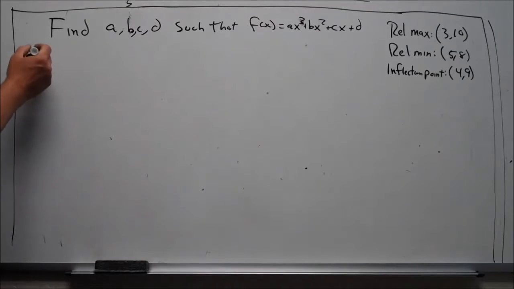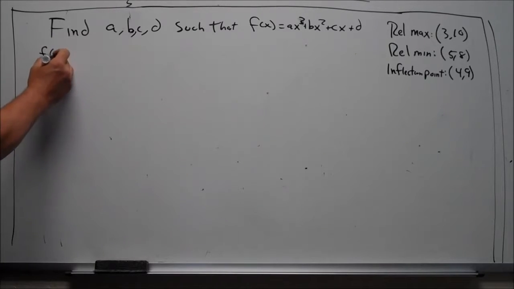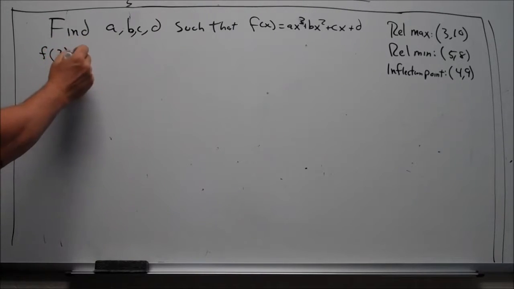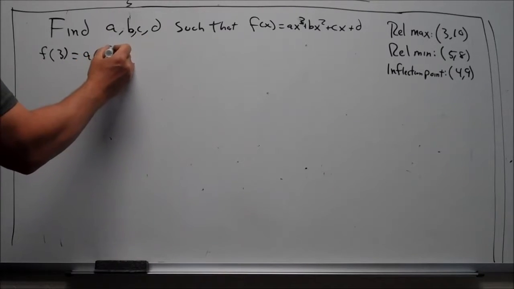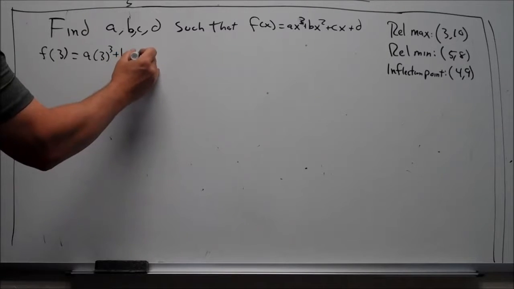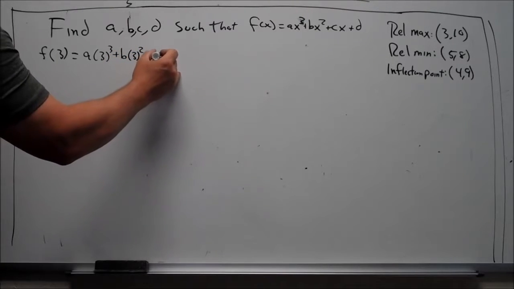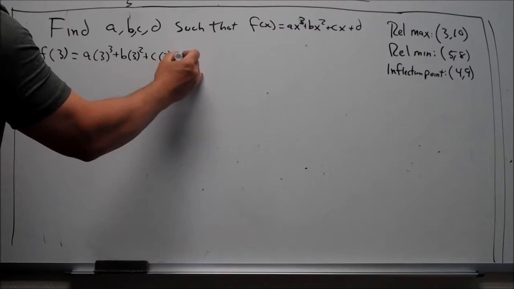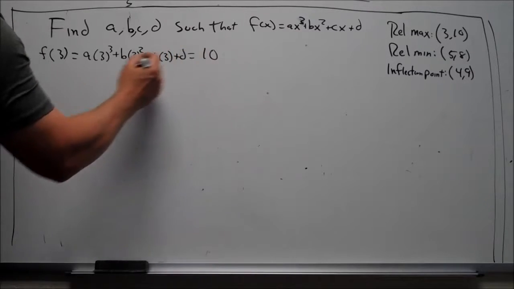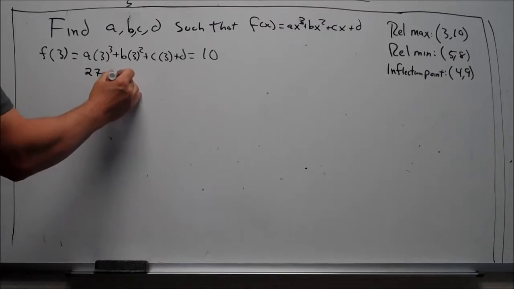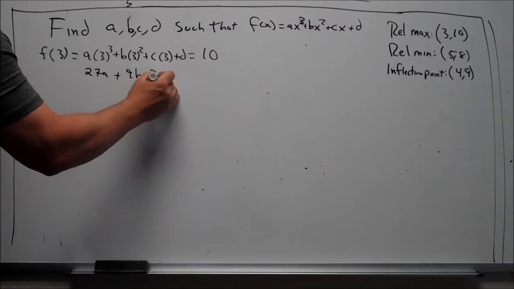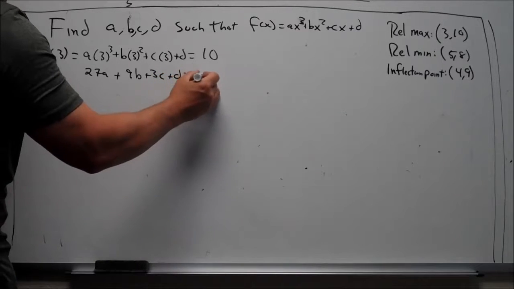Okay, so what we have is a couple things we know. We know that f of 3 would become a times 3 cubed plus b times 3 squared plus c times 3 plus d, and that's equal to 10. So we would have 27a plus 9b plus 3c plus d equals 10.